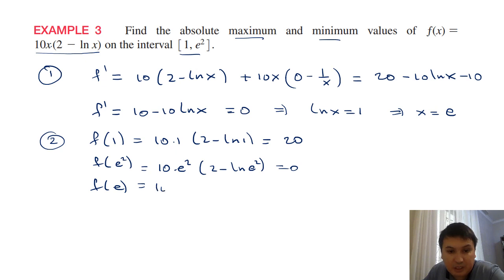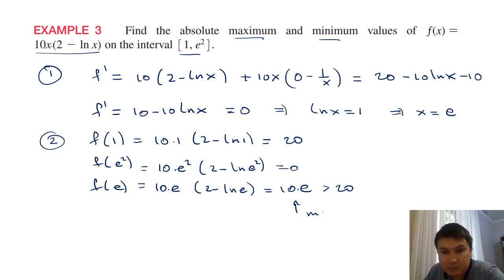And f of e is 10 times e, times (2 − ln e). Now ln e is 1, so this is simply 10 times e. But what is e? 2.7 something, so this is bigger than 20, right? So it means this point is going to be the maximum, and that point is going to be my minimum.